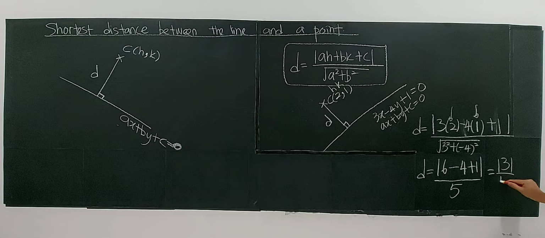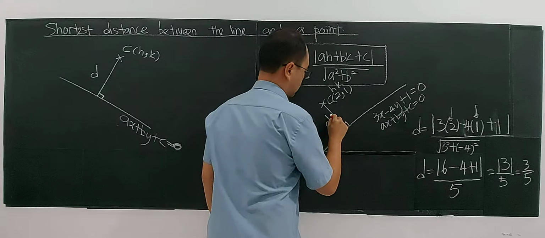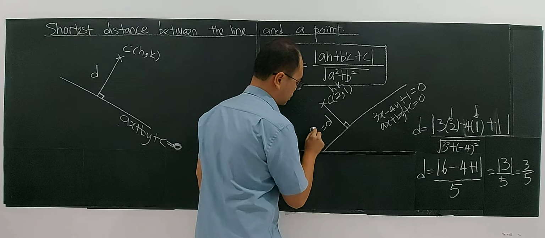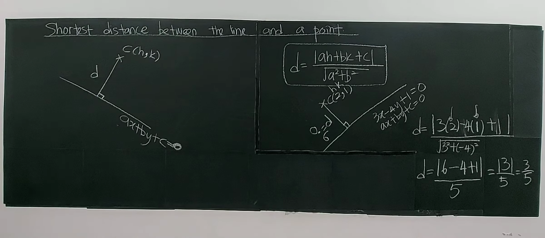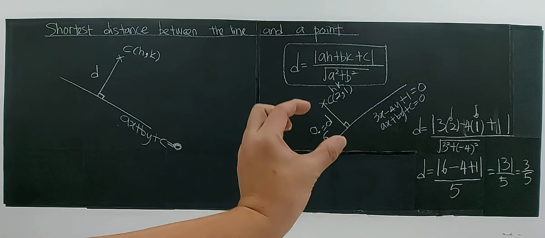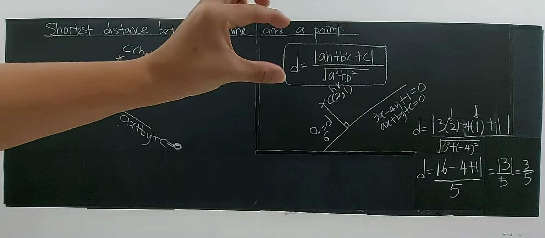Modulus of 3 over 5. It doesn't matter, this is positive, so we take it to be positive, 3 over 5. So the shortest distance here will be 3 over 5, which will be 0.6, all right? 0.6. So this is the way we find the shortest distance by using this formula.